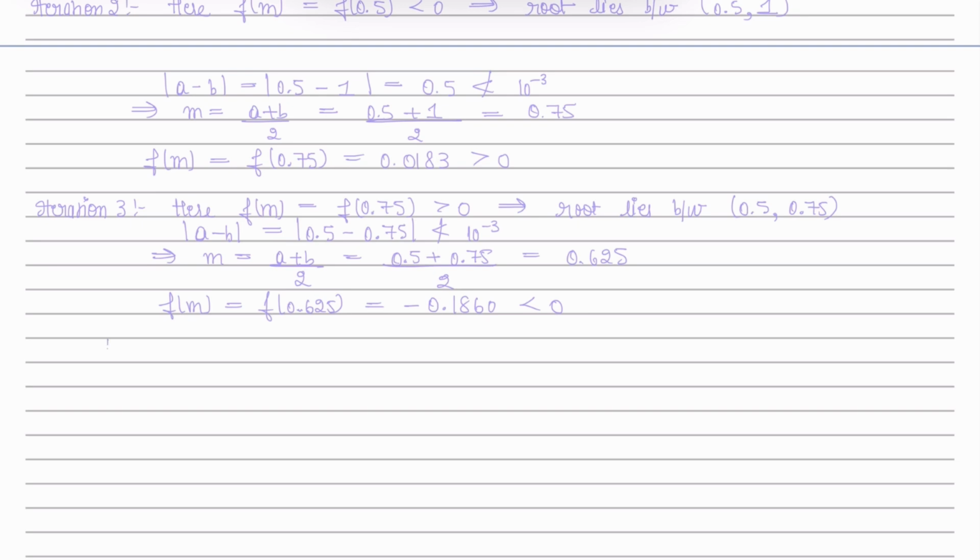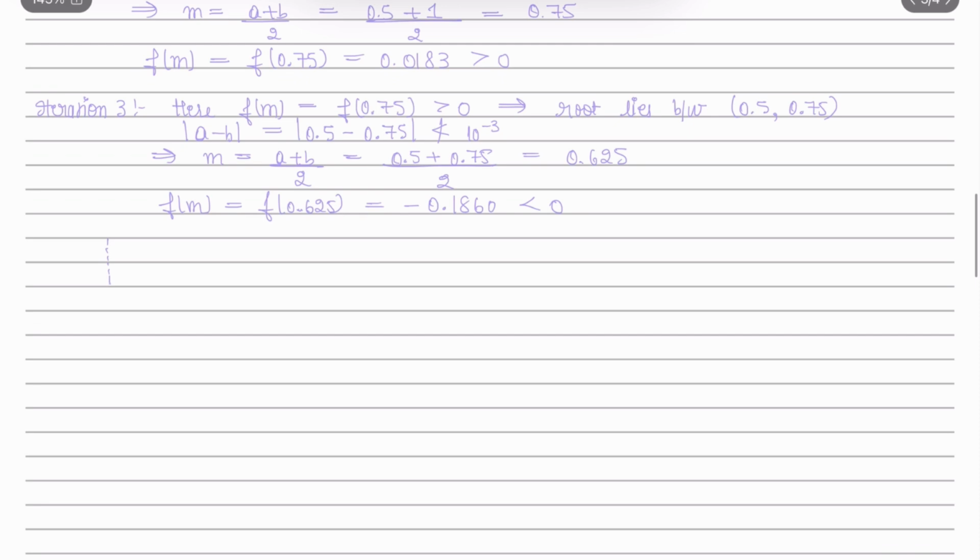So repeating this iteration with the same process, in the last we will have iteration number 14, where the value of the function at the midpoint 0.7393 is negative in nature.